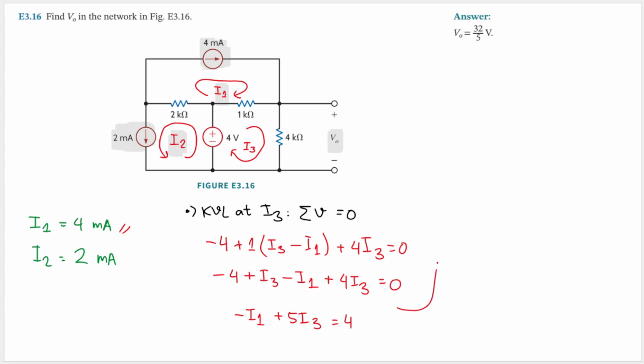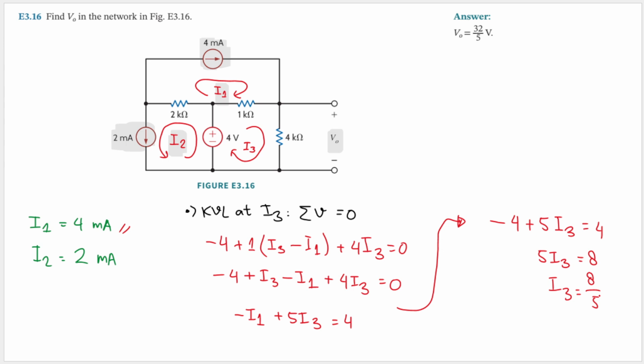So let's just plug that into our equation here. So we will have minus 4 and then plus 5I3, and that will equal to 4, right? And so we'll have 5I3 is equal to 8, or I3 is equal to 8 divided by 5.